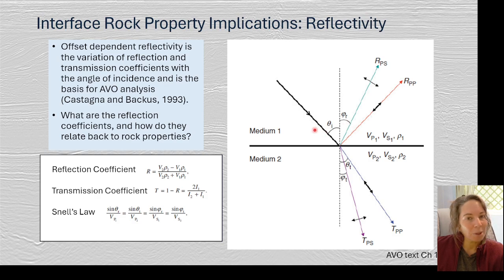The big thing I want to point out in this diagram is the angle. If we think about it in terms of being recorded at the Earth's surface, it would be the offset between the source and the receiver, so an increase in offset. A 0 angle, a 0 offset, would be sending the energy straight down and it bouncing essentially straight back up.